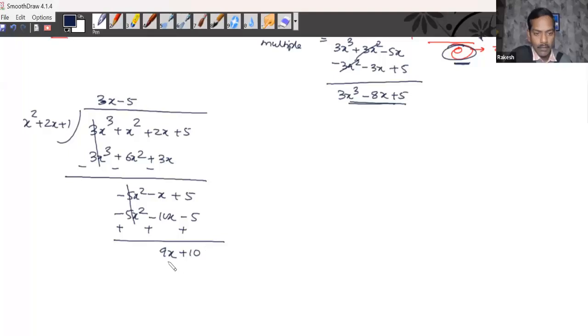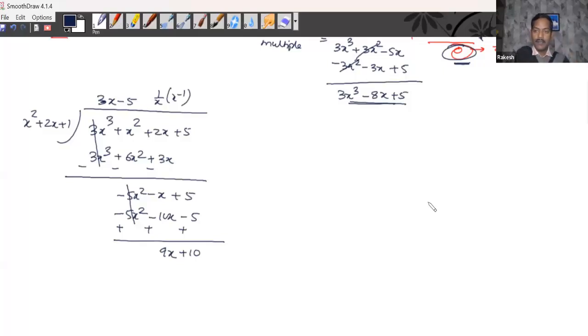Why so? Because if I want to get 9x, what should I multiply with x square? If you want to do that deliberately, what should I multiply with x square so that I get 9x, then I have to multiply it with 1 by x, or x to the power minus 1, correct?